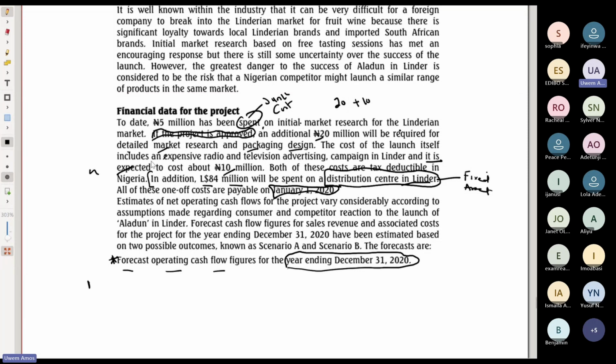The cost of the launch itself includes an expensive radio and television advertising campaign in Lindia, and it is expected to cost about 70 million. Both of these costs are tax deductible in Lindia. In addition, 84 million will be spent on the distribution center in Lindia. All of these costs are payable on January 1st.